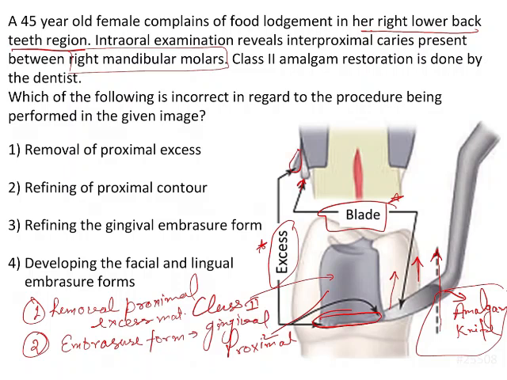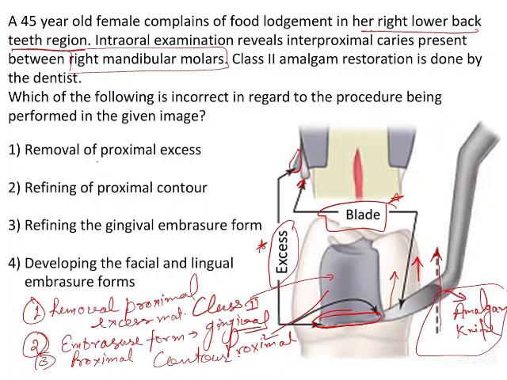Remember, it is going to be gingival, not lingual or facial. At the same time you will be having a proper proximal contour, right? That's why you are refining the proximal area, because you want to create a proper proximal contour, and once you create the proximal contour, yes, you will be having a better gingival embrasure as well.